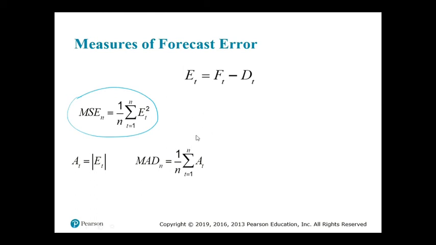Mean squared error is the average of all the error terms squared. And then A_t is the absolute value of the error term. Then mean absolute deviation, which is another commonly used forecast error measure, is the average of all the absolute error terms.